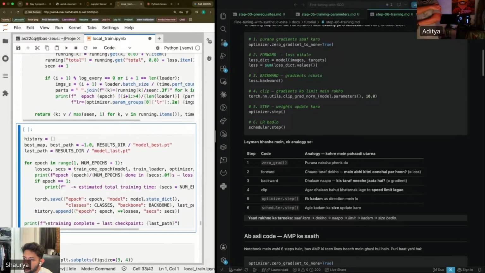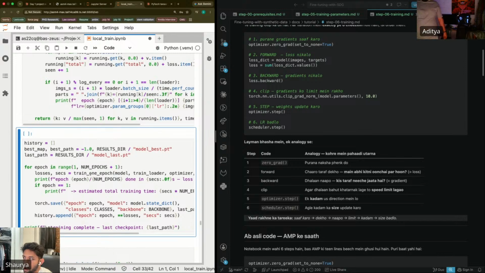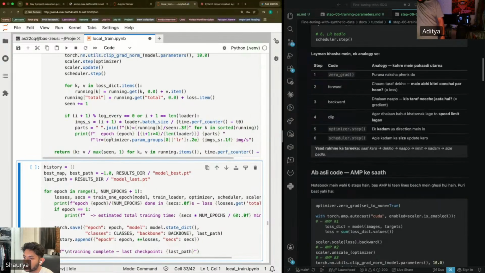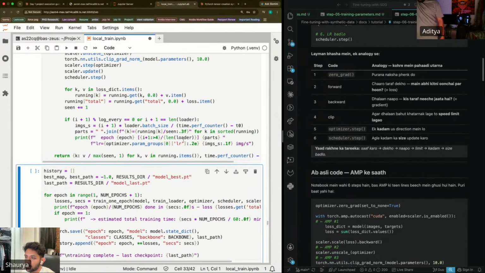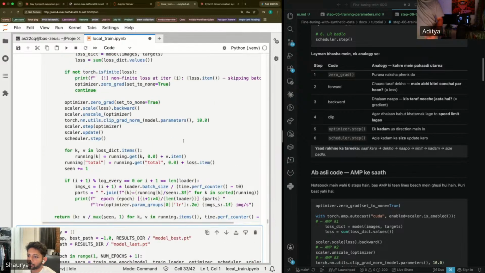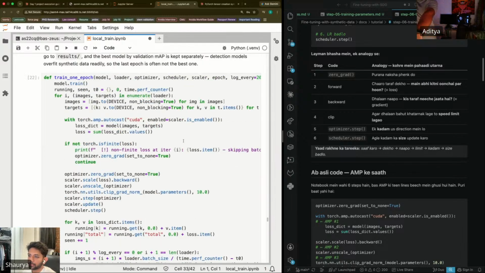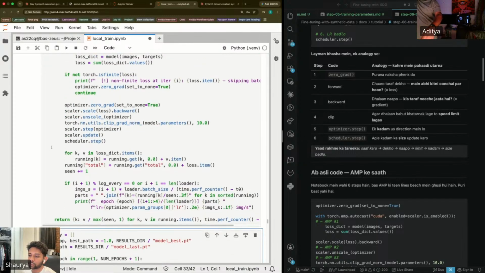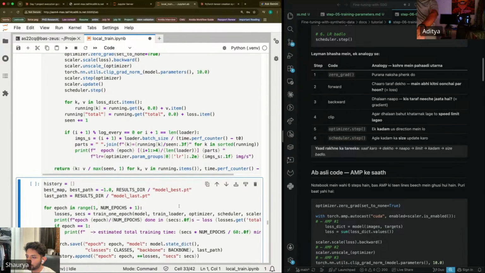Wait, I think it ran already. That's why you're on to the next block. No, I just did shift and enter. But we are not training yet, dude. We have just initiated that function. The training will start in the other block.